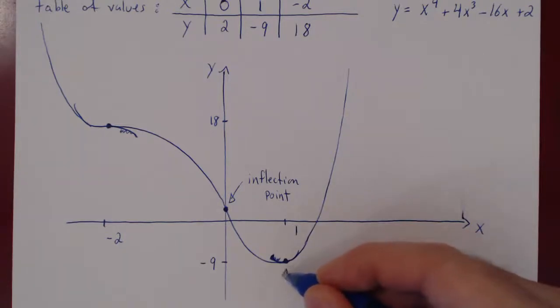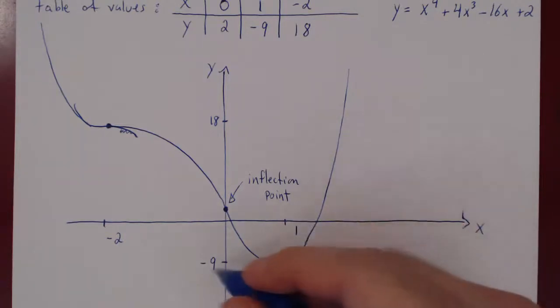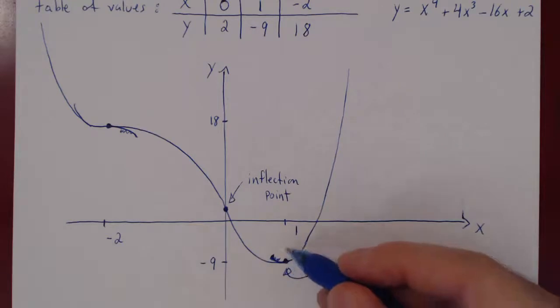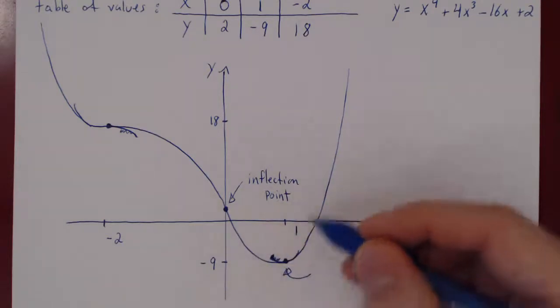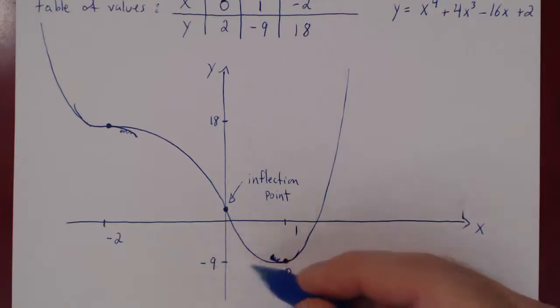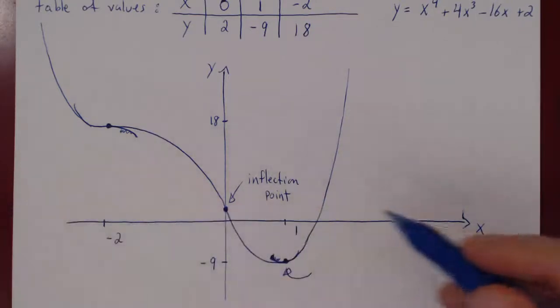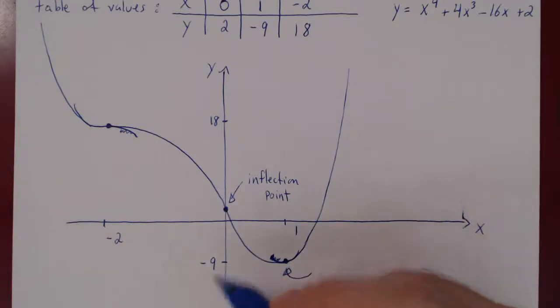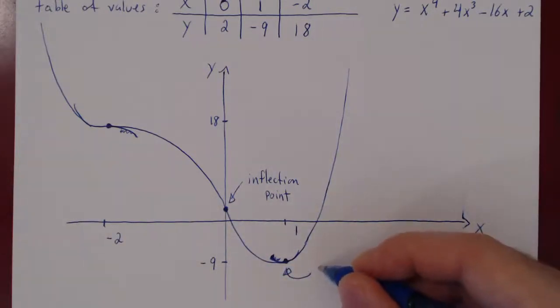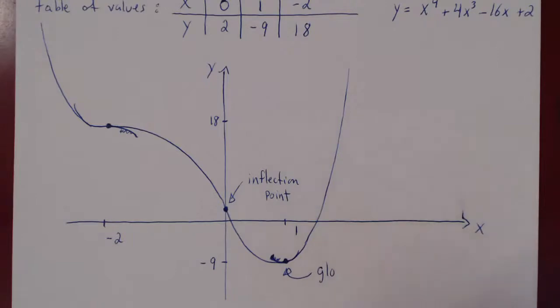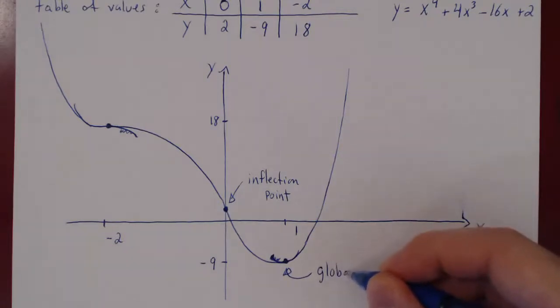So not only is -9 a minimum value around x equals 1, it actually is the absolute, the global minimum value attained by the function. There are no other x values that will give you a y value smaller than -9. So we have not only a local minimum, but a global minimum.